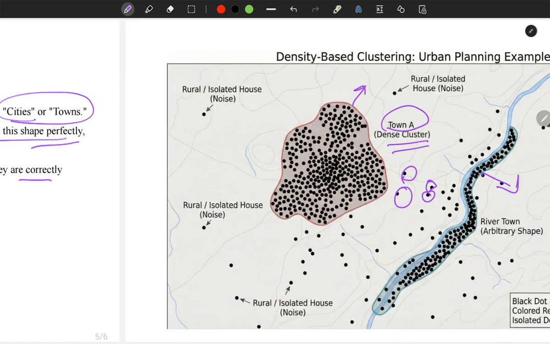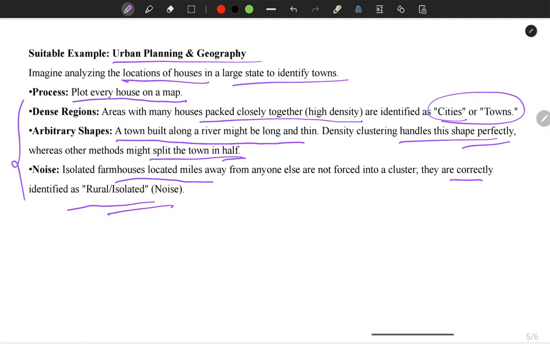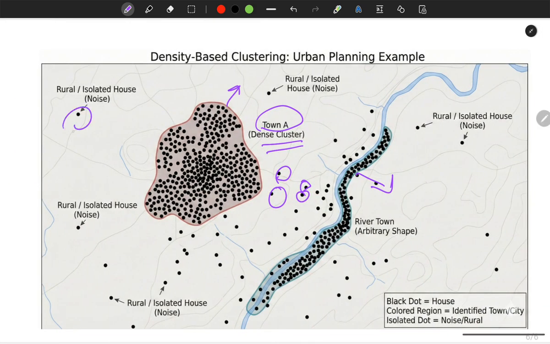And we can also see that these others are noise because they are far away from the dense cluster. Whatever these are, they are basically noise, the rural or isolated houses, right?